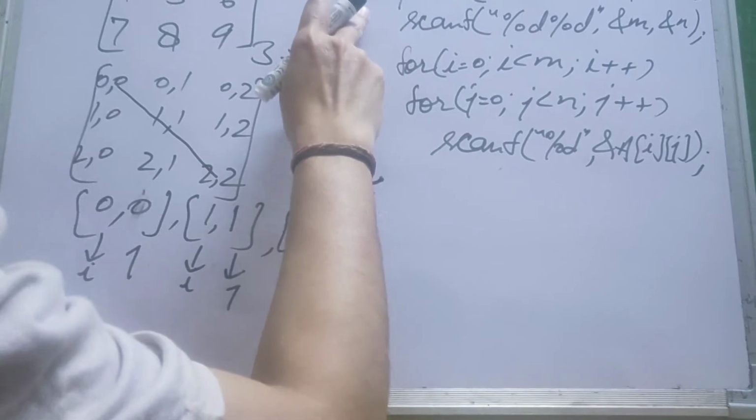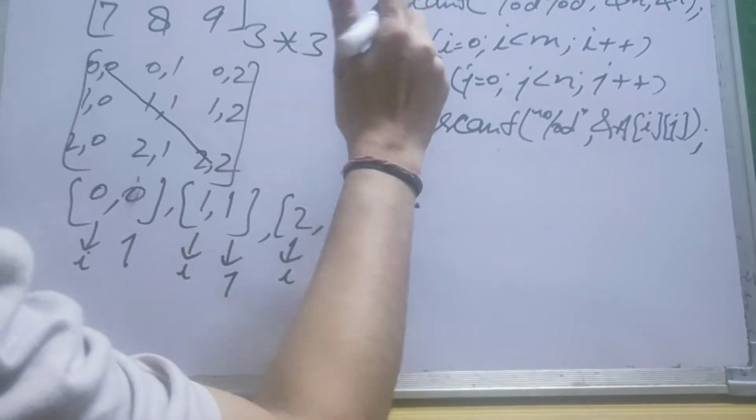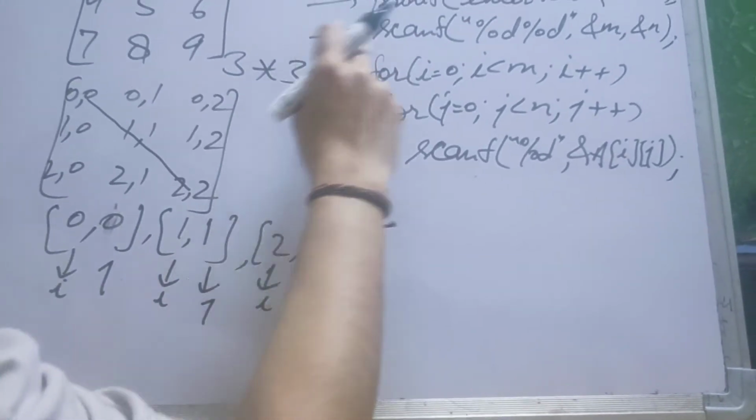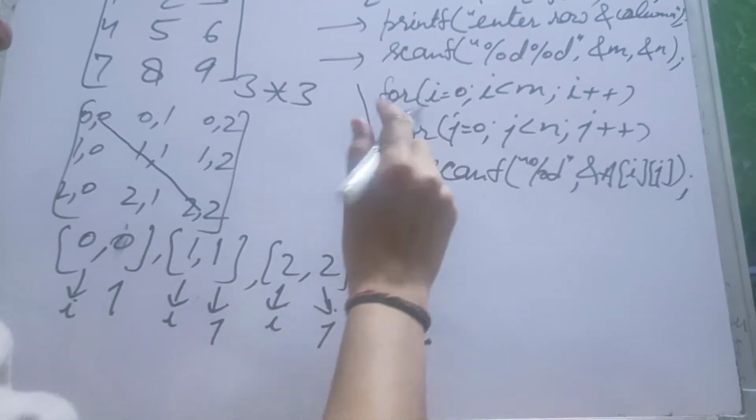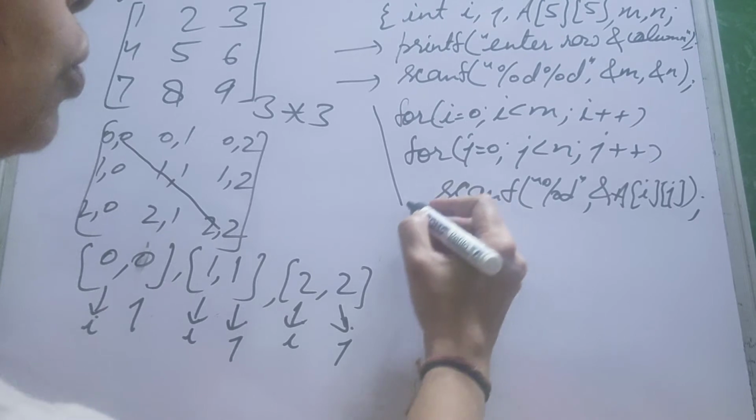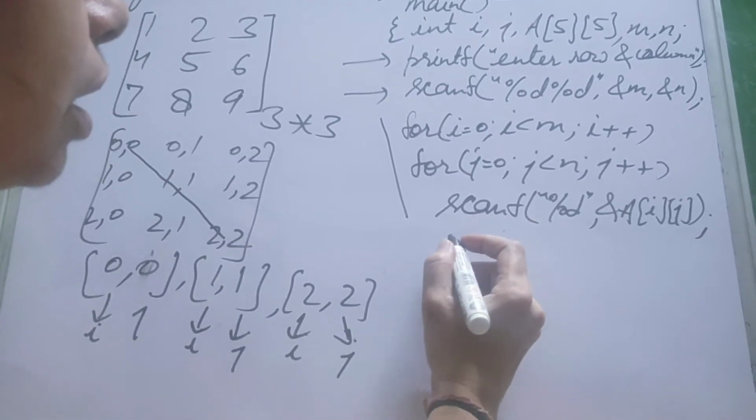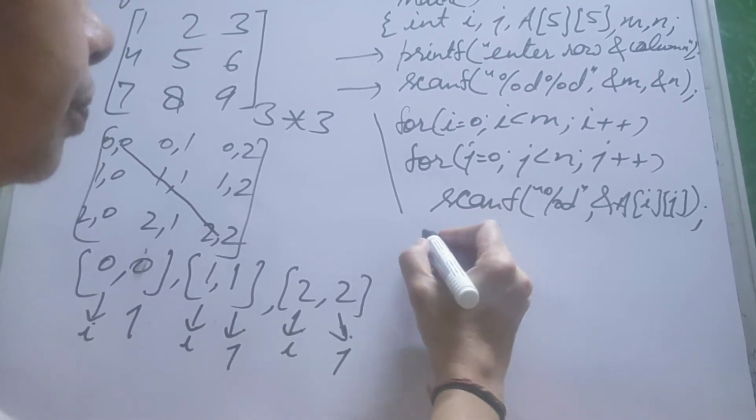This statement is for the enter prompt, just printing, and this one is for inputting the row as well as the column. Now this one is for inputting the array. Now we have to write the loop for printing.